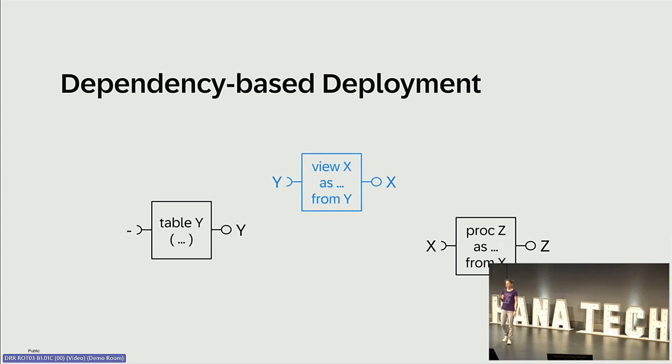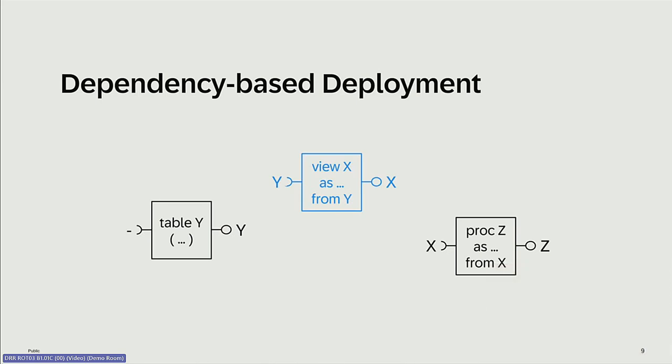So our table Y provides something called Y, and it requires nothing. The view X provides something called X, and needs access to something called Y. And the same for the procedure.